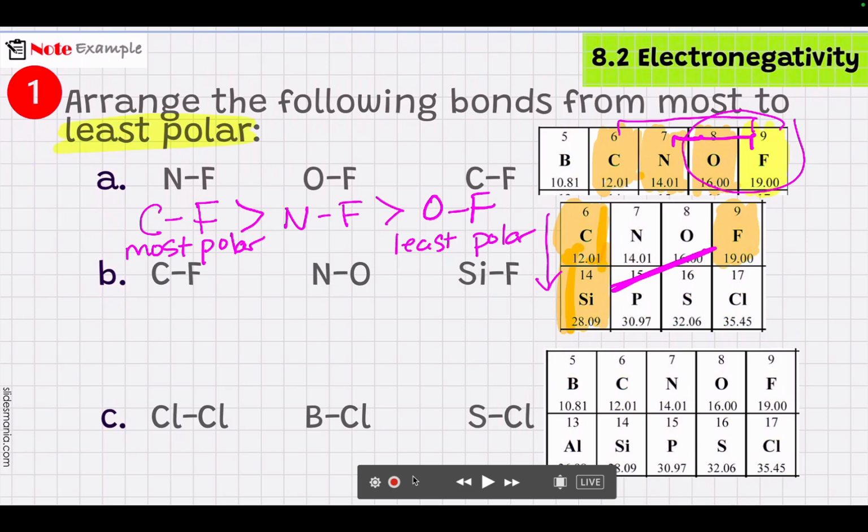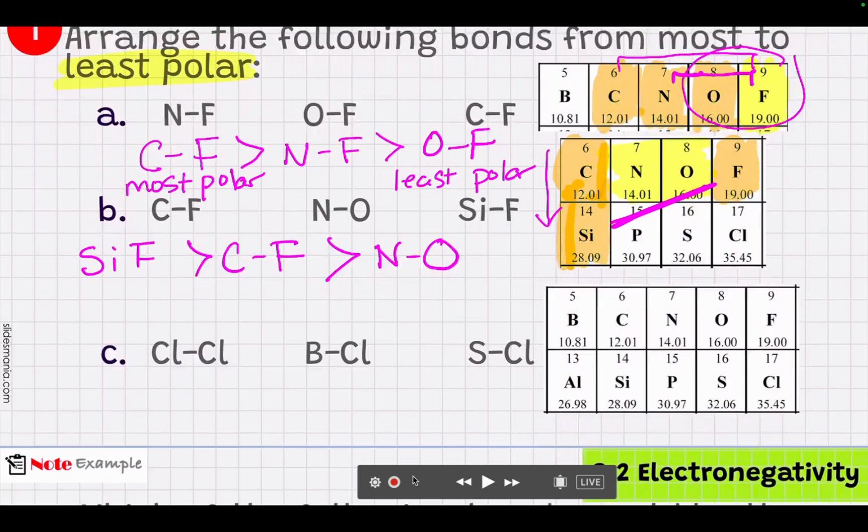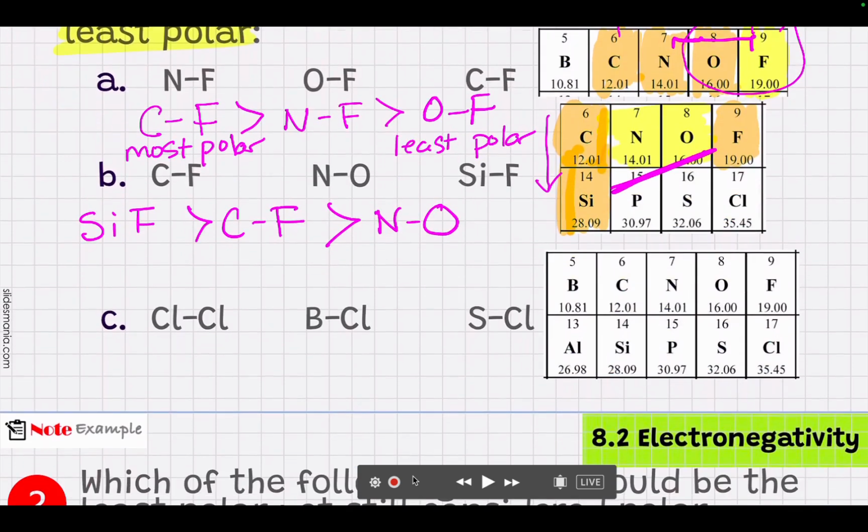And then the nitrogen and the oxygen are going to be very close in electronegativity, so not as polar of a bond. So if I were ranking these, the most polar is the greatest difference in electronegativity, to the least polar, which would be the one with the smallest difference in electronegativity. Again, not using my periodic table, just looking at the trend.